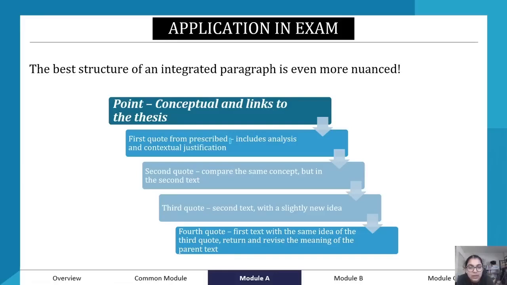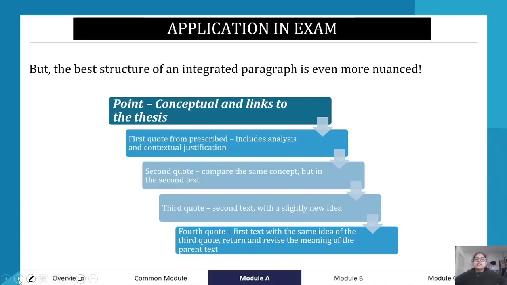So it's basically going text 1, text 2, and then text 1 again, where you come back to the original text and revise. For the third quote, with the first text and the same idea, you return and revise the meaning of the parent text. So at the end of the textual conversation, you're looking at whether your meaning of the two texts has been enhanced by looking at them comparatively.